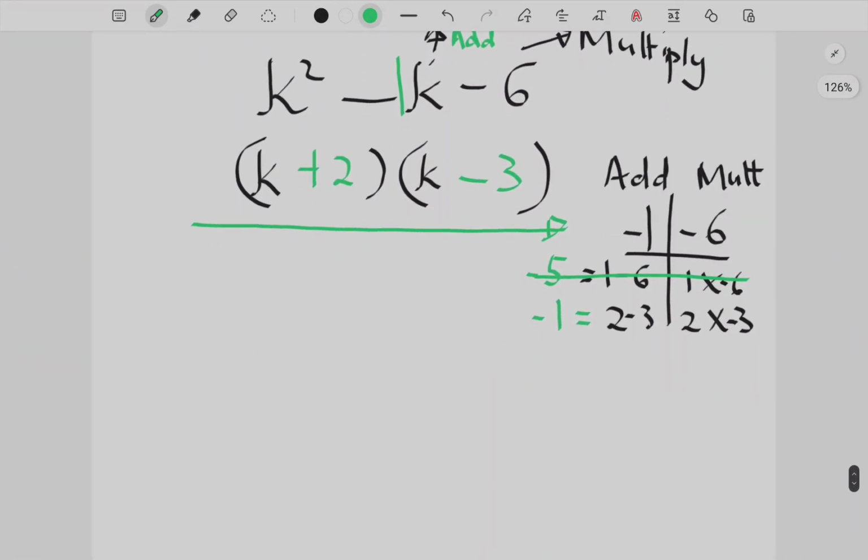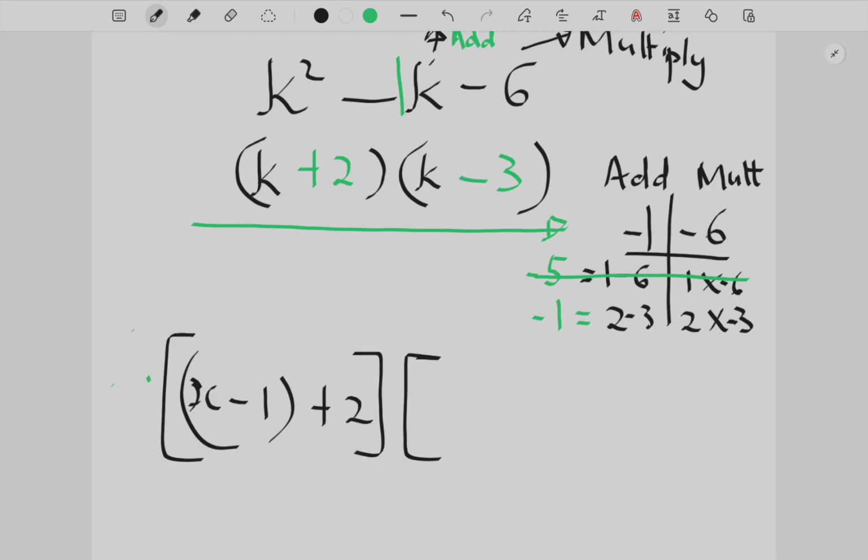So in place of k, we're going to substitute x - 1. So therefore, (x - 1 + 2)(x - 1 - 3).